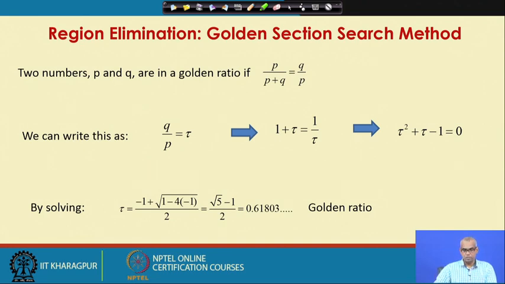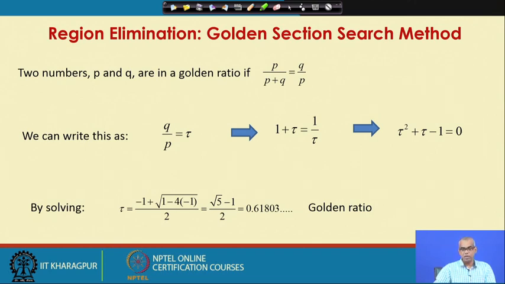the previous iteration. Two numbers p and q are in a golden ratio if p by p plus q equal to q by p. We can write this as q by p equal to tau, then 1 by 1 plus tau equal to 1 by tau and tau square plus tau minus 1 equal to 0. If you solve this, you get the value of tau as 0.618 approximately.